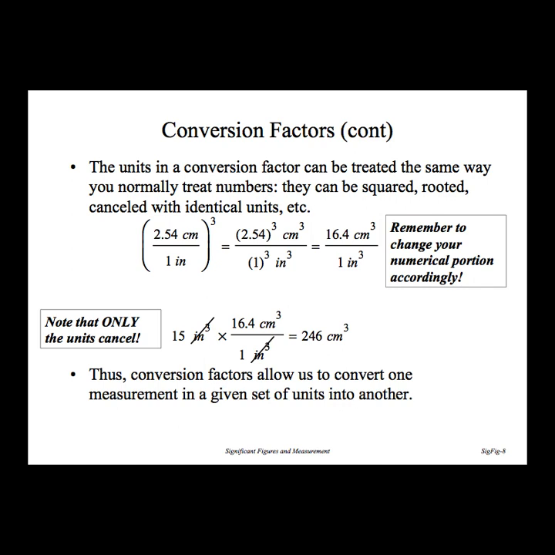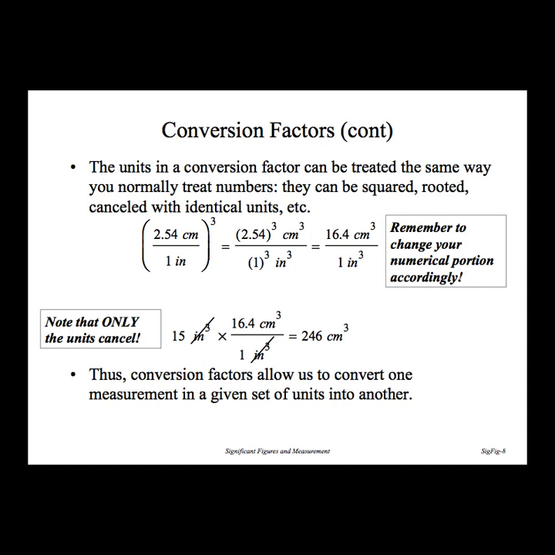Well, just because we cubed the unit doesn't mean that we don't do it to the number part. In fact, we do. We have to cube the numerical portion, so we get 2.54 cubed centimeters cubed for every 1 inch cubed, which gives us a conversion factor between cubic centimeters and cubic inches of 16.4 cubic centimeters for every 1 cubic inch.